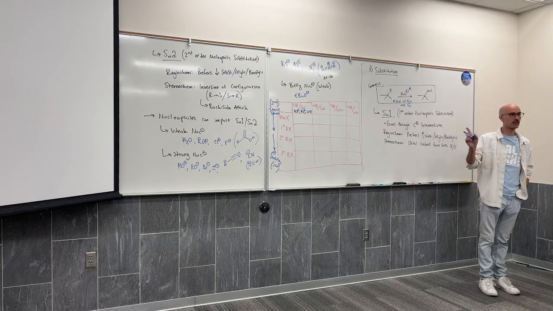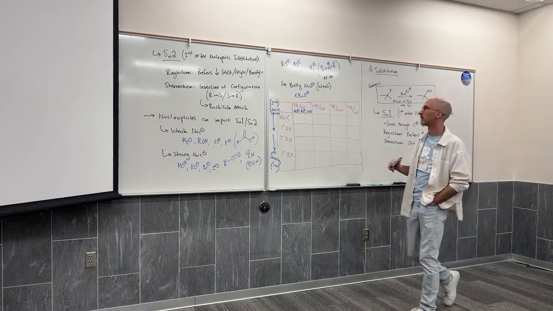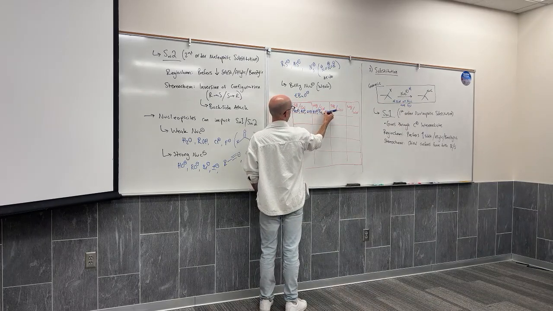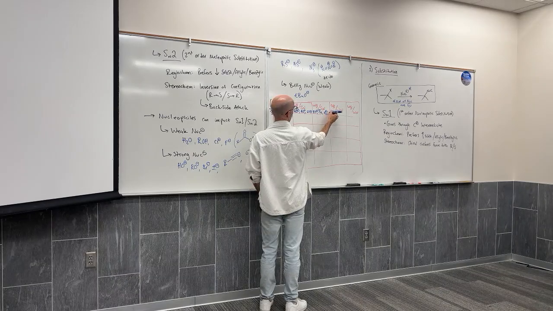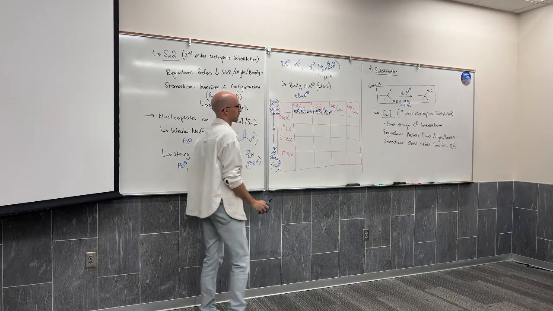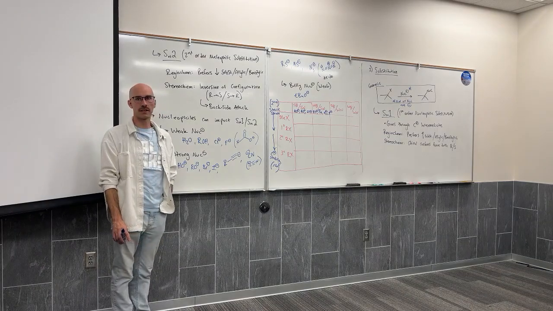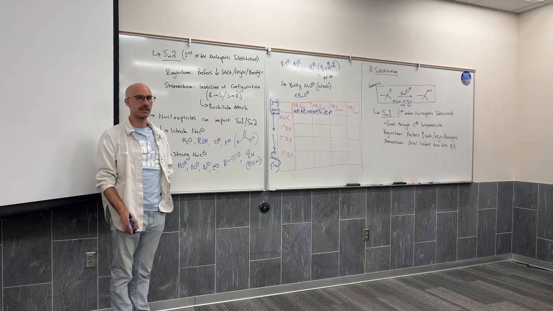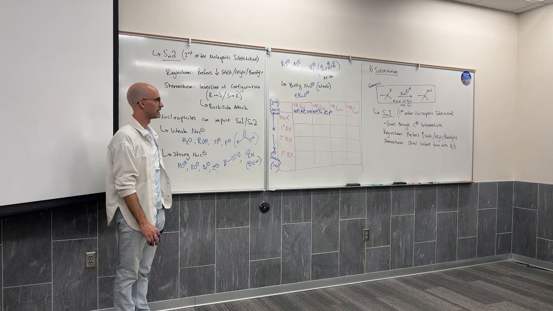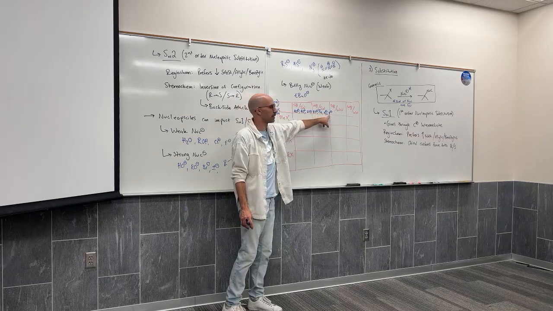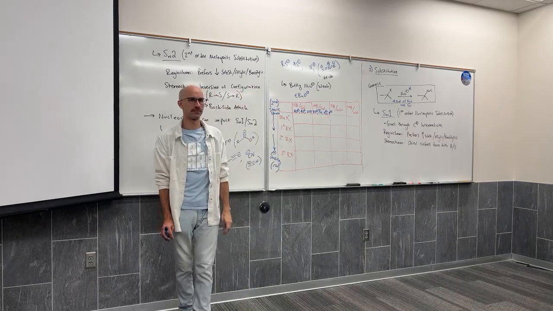Weak base, strong nucleophile. These are the sulfides, cyanide, azide, and the halogens. I apologize for kind of shortcutting those a little bit. You want to put HS minus, please do. You want to put Br minus, please do.